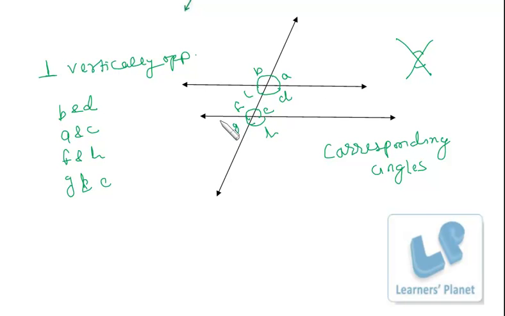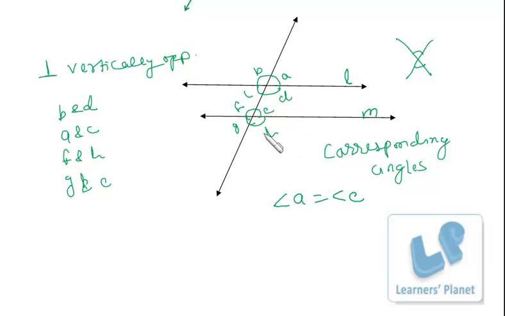So here suppose this is line L and this is line M. Over here, angle A and angle E, both of them are on the right hand side of this transversal, and both of them are on the above side of the parallel lines, right? So angle A will be equal to angle E, and the reason is they are corresponding angles, that means same side, right? So corresponding angles are equal.